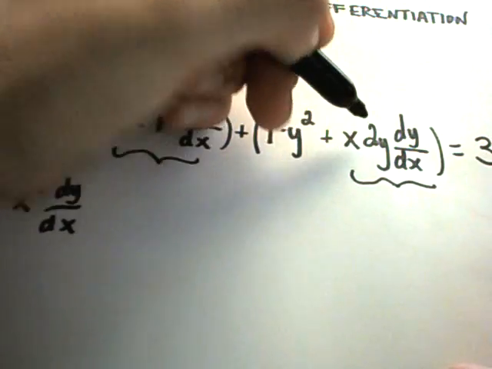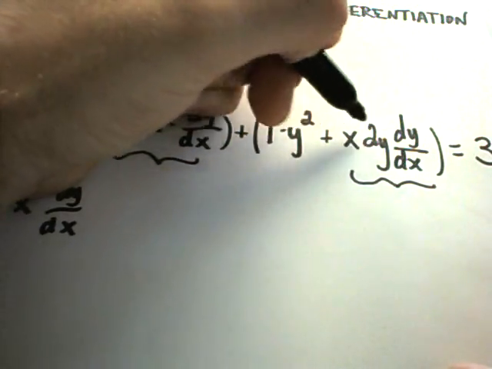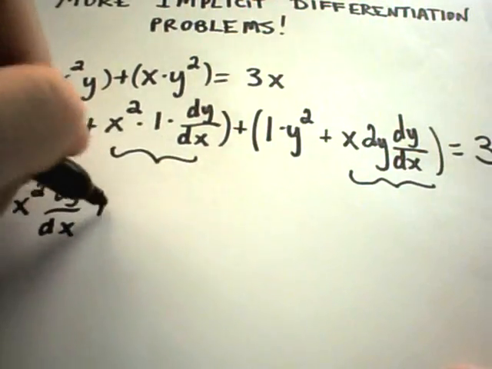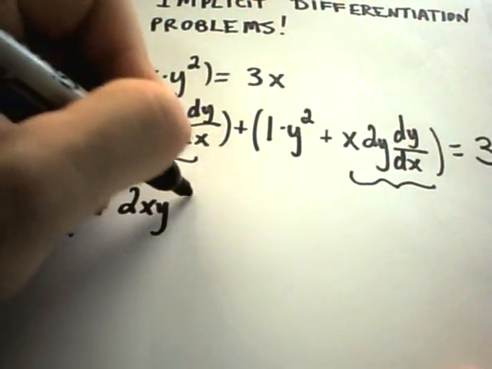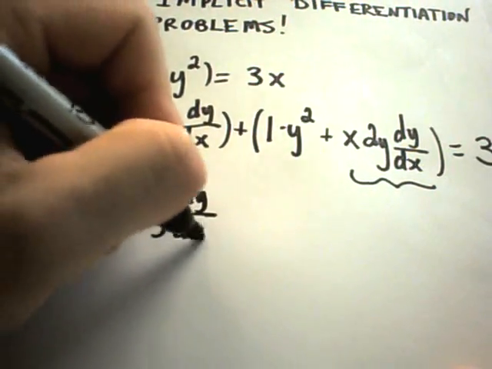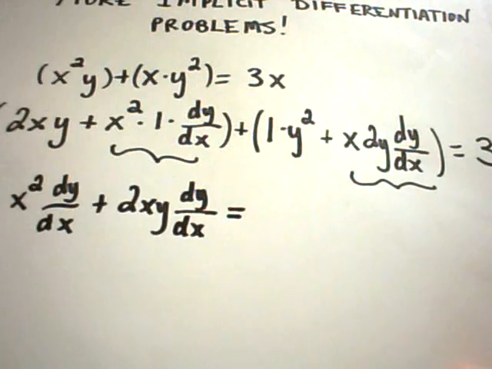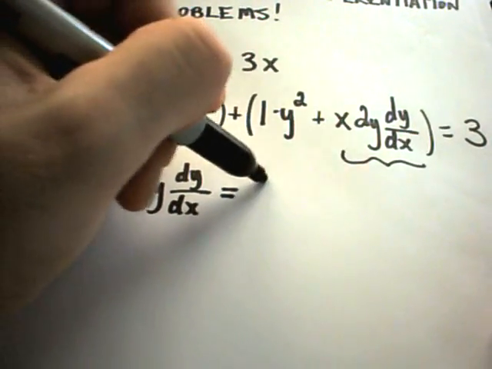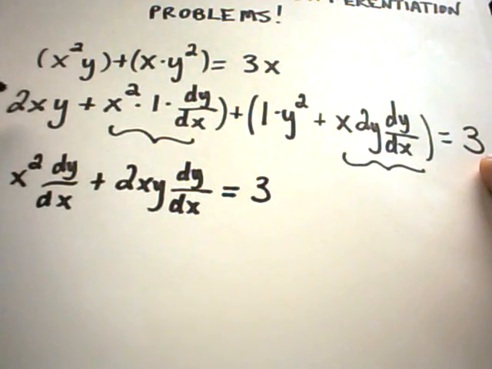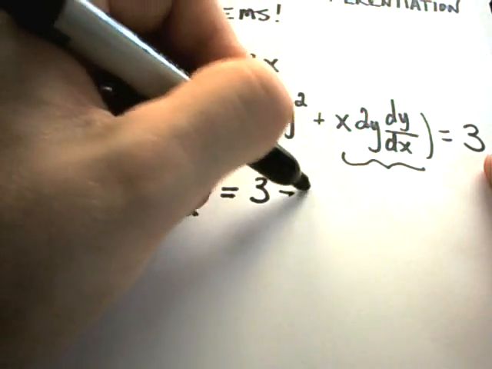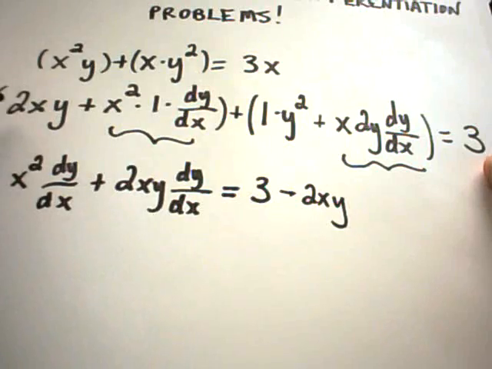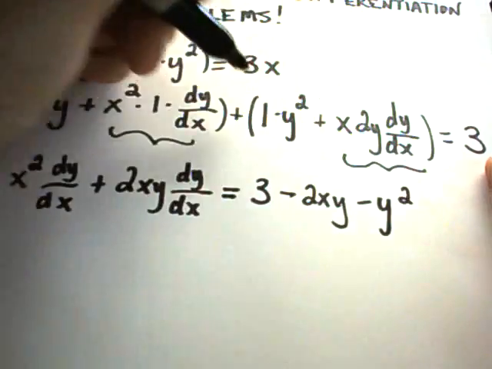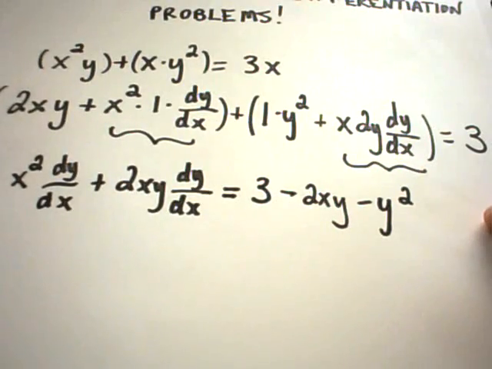I usually do numbers and then alphabetize just to keep things straight, so I'm going to write this other term as 2xy dy dx. And I'm going to put everything that doesn't have a dy dx attached to it on the other side. Well, my 3 was already over on the right side, so that takes care of that term. I'll subtract over the 2xy term that I had at the very beginning, and then I'll also subtract over the y squared term that I have.